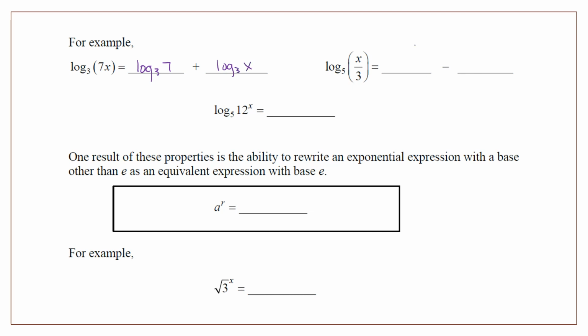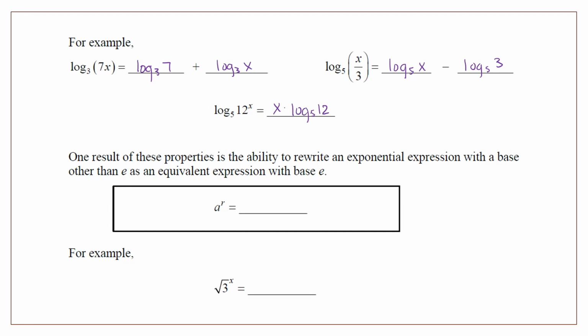Log base 5 of x divided by 3 equals log base 5 of x minus log base 5 of 3. And log base 5 of 12 to the power x equals x times the log base 5 of 12.